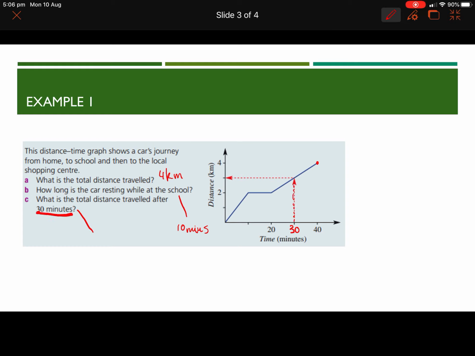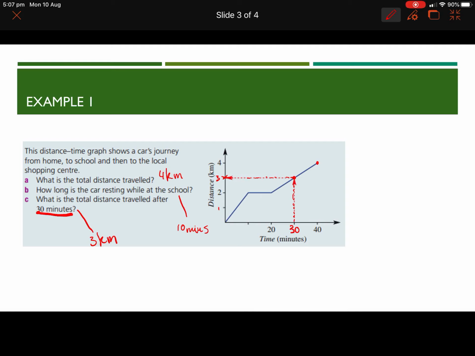You go up to your line, which is here, and you go across to your distance to see how far they've gone. What is this number? Well, it's going up by 1, 2, 3, 4. So at 30 minutes, they are 3 kilometres. So the answer is 3 kilometres.